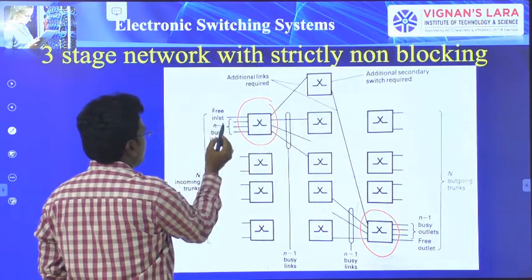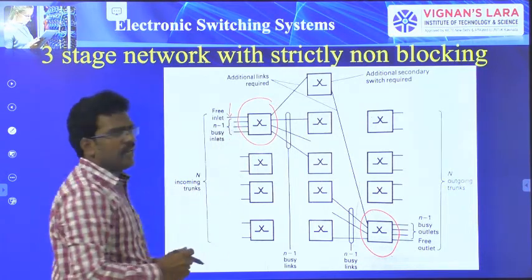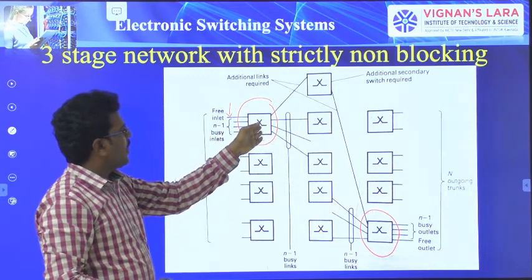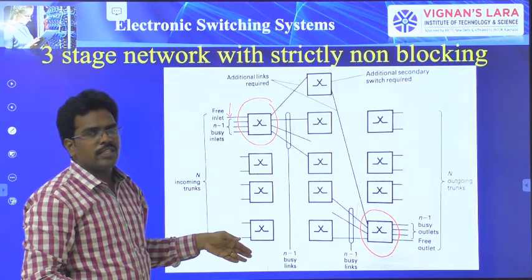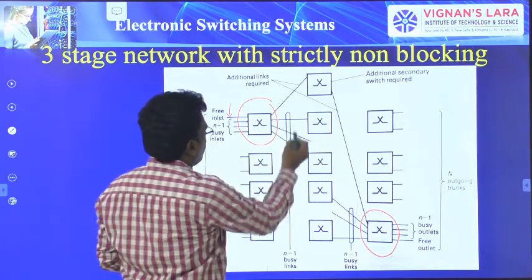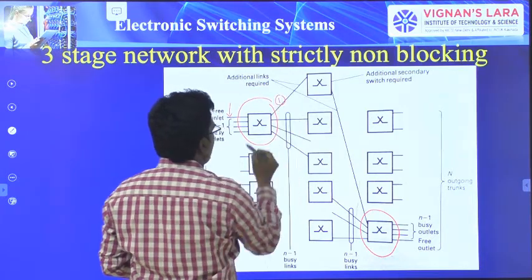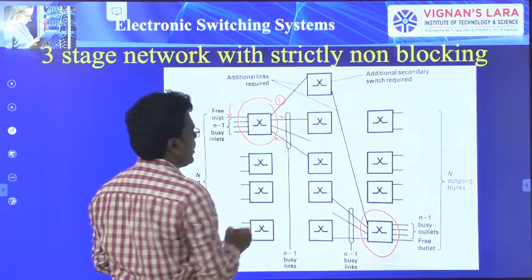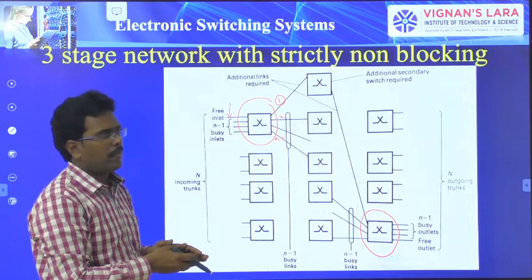Out of n, this is your free inlet, and the remaining n-1 are busy lines. Since they are busy, they are going to use outlets that are connected to any one of the secondary stage switches. So out of all these, there is only one free outlet, and all the remaining, 2 to n-1, are busily connected to the second stage of secondary switches.